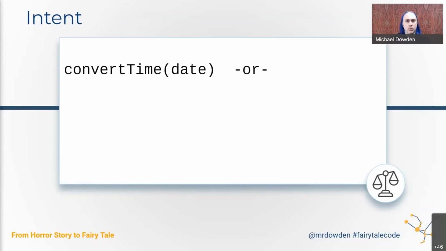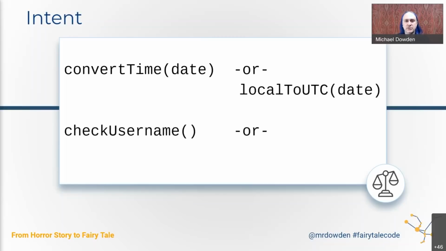What's the context here? When do I use this? Why is it being used here in the code? I don't know for sure. But if I instead indicate the intent in the name of the function, local to UTC, for example, I understand that I am converting that date from a local time zone to a UTC time zone. Now I understand what it's doing and when I would use it.